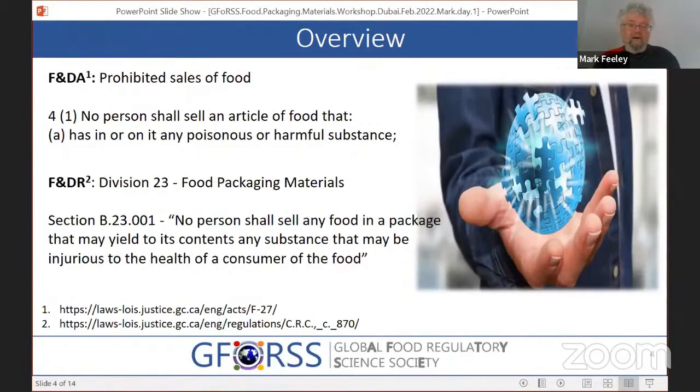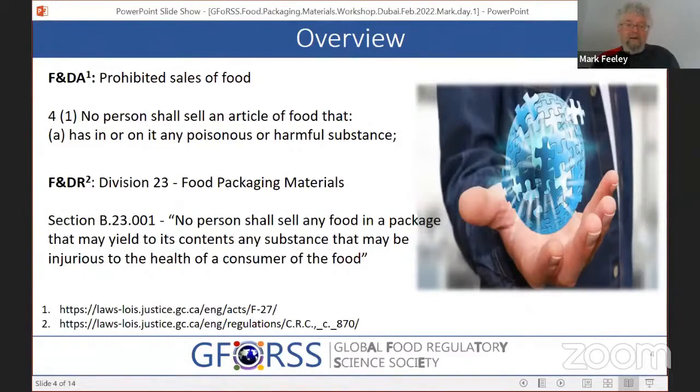This is a relatively overarching provision, and the Food and Drug Act actually goes back quite a while. It was initially developed back in the late 1800s and came into fruition in the early 1900s, around 1919.